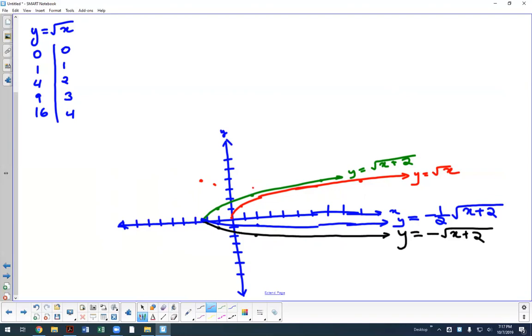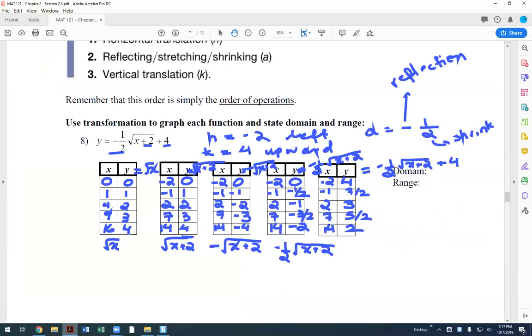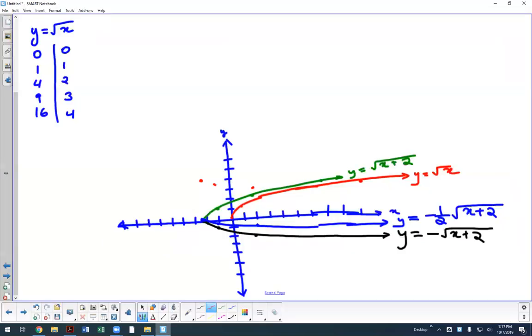So he's going to be at 3. And this one is at 5/2, so it is at 2.5, somewhere over there. I needed one more color. And this is our final graph, -1/2 square root of x plus 2 plus 4 on the outside.